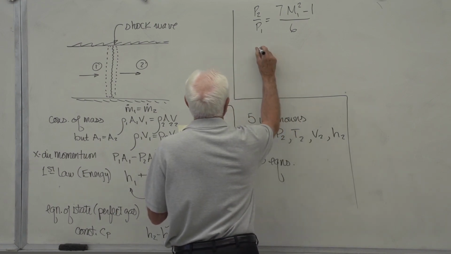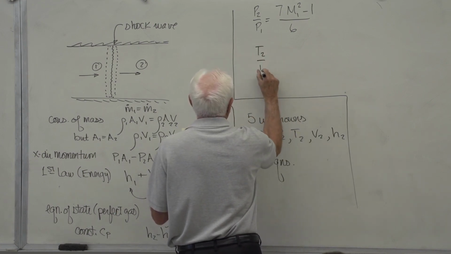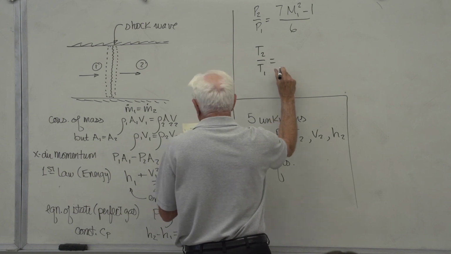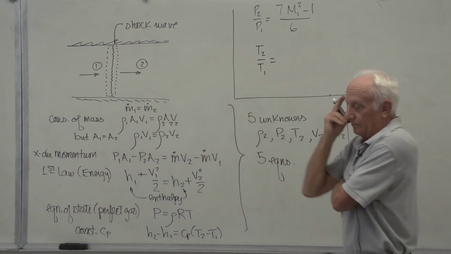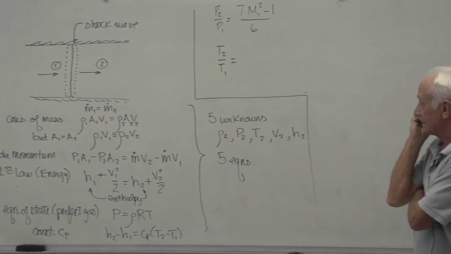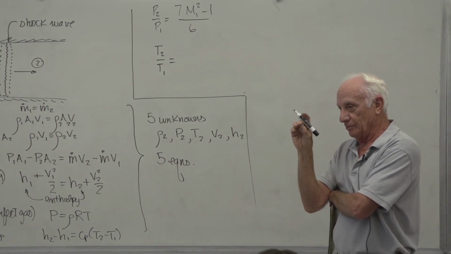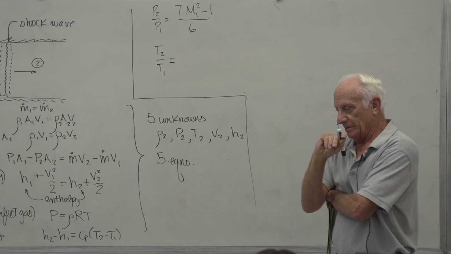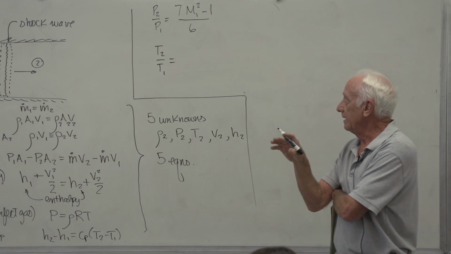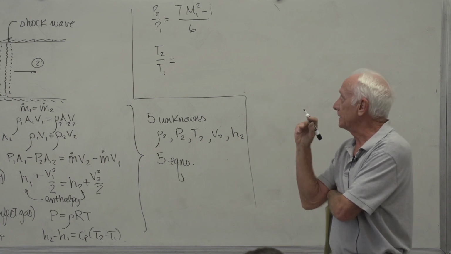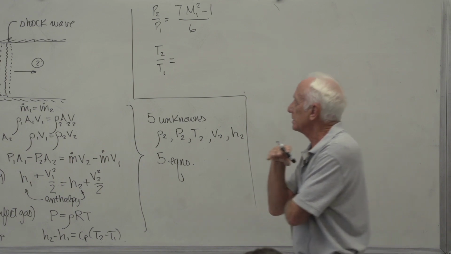Let's take another one. Let's take T2 over T1. So we go through that, and what we try and do is make the right-hand side only a function of Mach number, because the Mach number is going to be the important dimensionless parameter. So the right-hand side of all these guys are going to be expressed in terms of the Mach number.